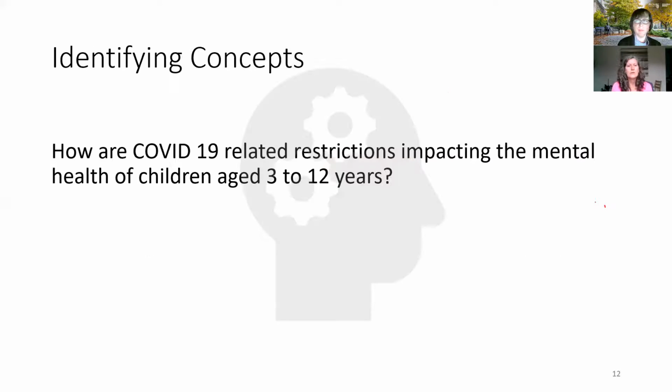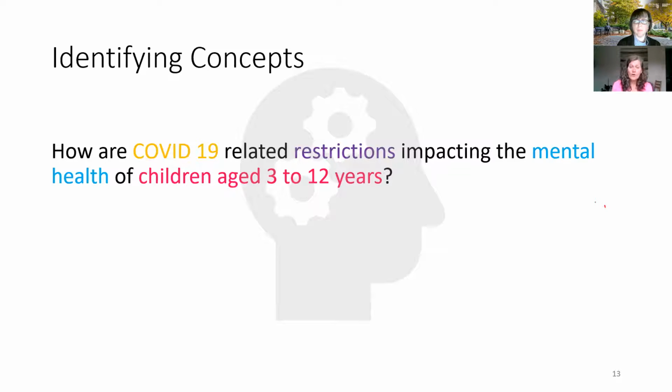know. So in this question, how are COVID-19 related restrictions impacting the mental health of children aged 3 to 12? We've got those elements. And there's researchable aspects to this question, right?